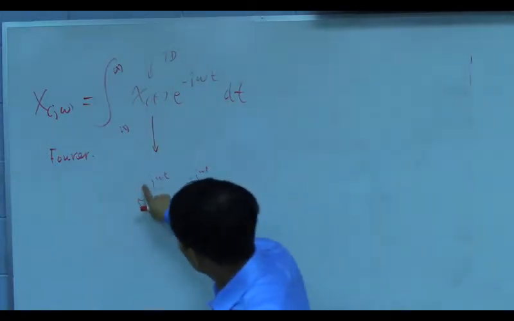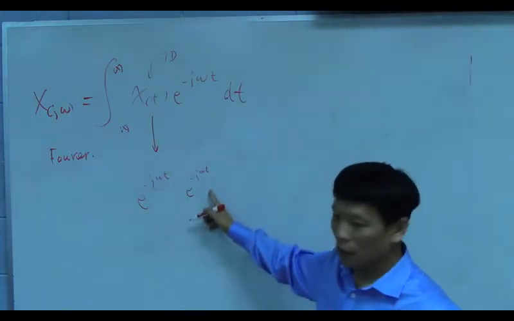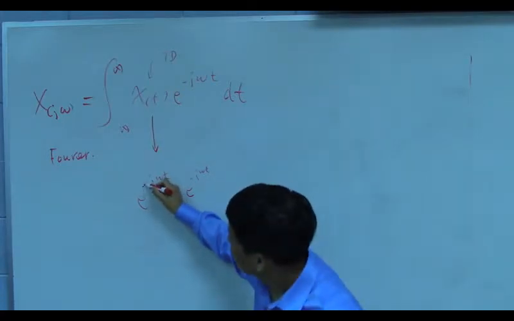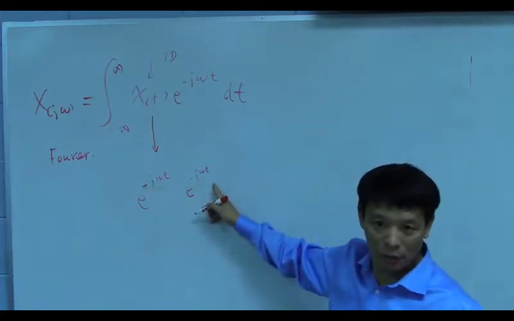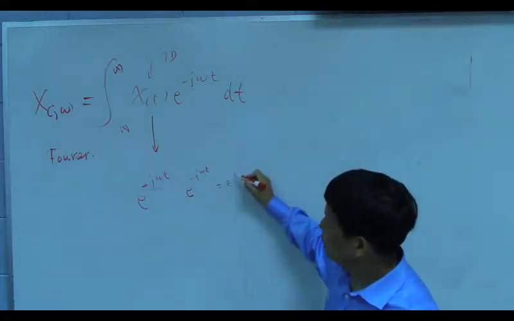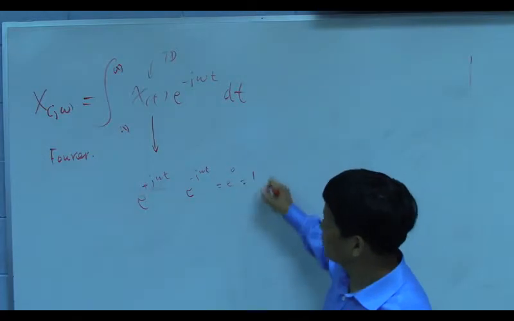If you have a frequency positive j omega t times e to the negative j omega t, what do we get? This one will be e to the 0, which equals 1.